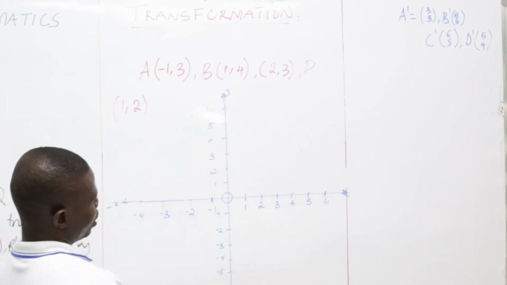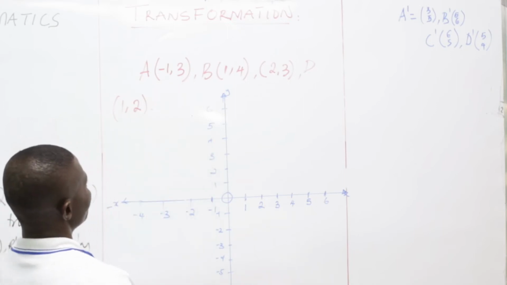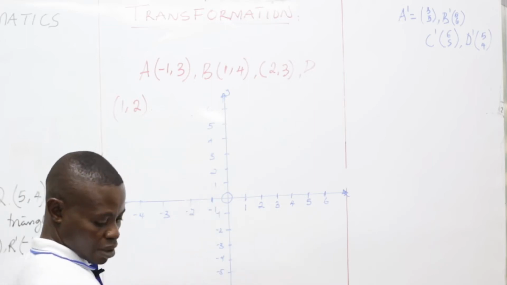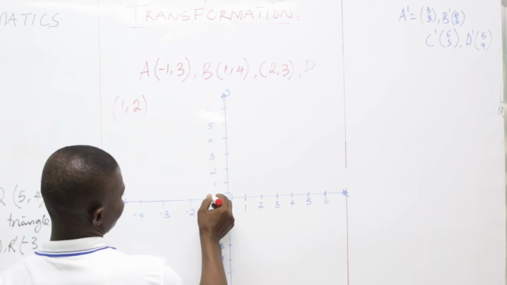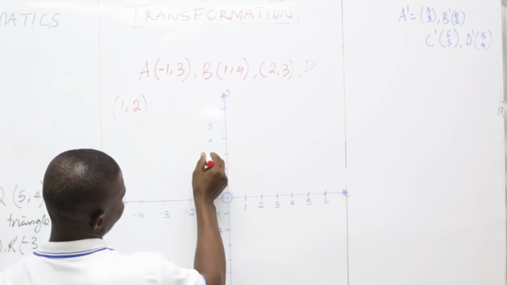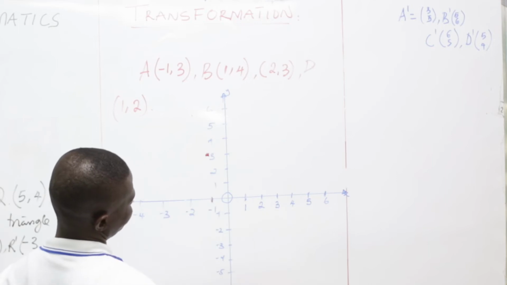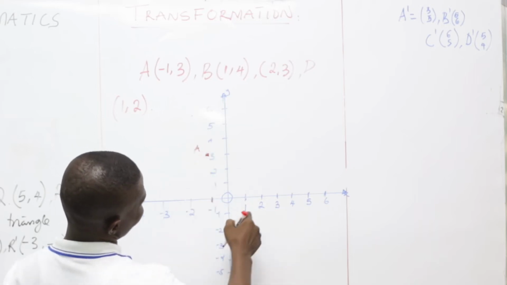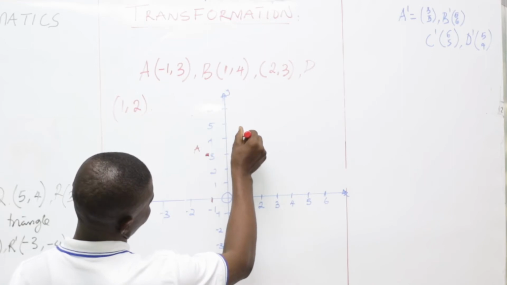Now let us plot the object A, B, C, D. For A, -1 against 3. We'll plot it this way. Call it A. For B, 1, 4, x is 1, y is 4.